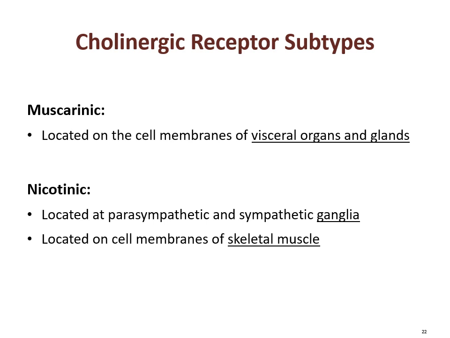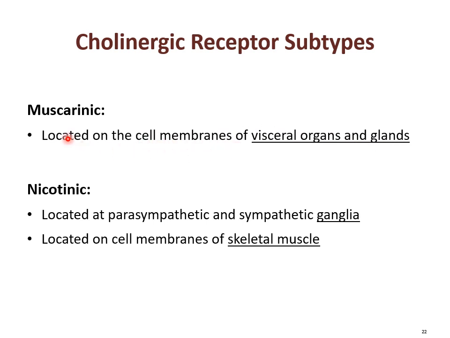For example, acetylcholine would activate all cholinergic receptors. That kind of goes without saying. But there's a compound which was isolated from a certain kind of mushroom called muscarine, which was found to only activate visceral organs and glands that are part of the parasympathetic nervous system.